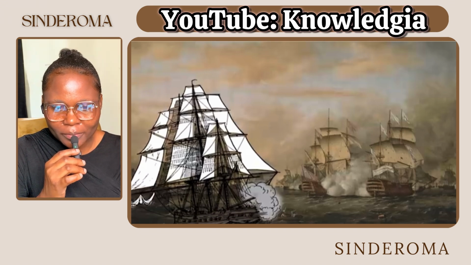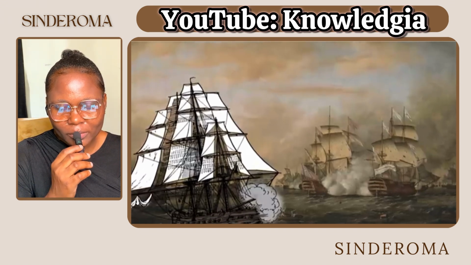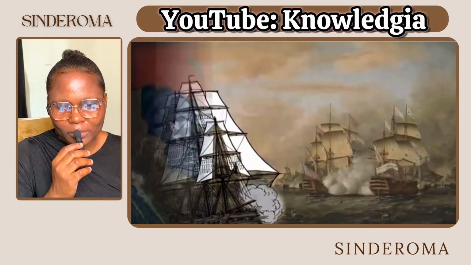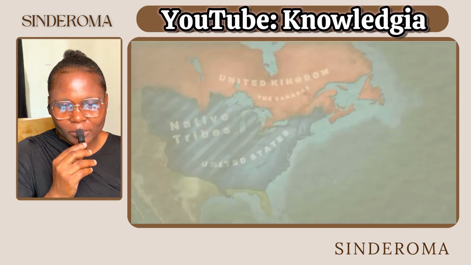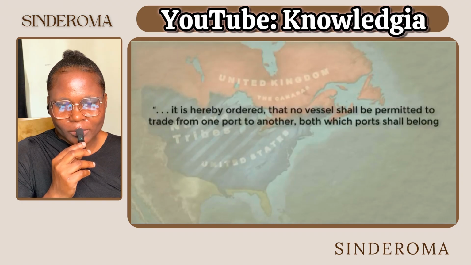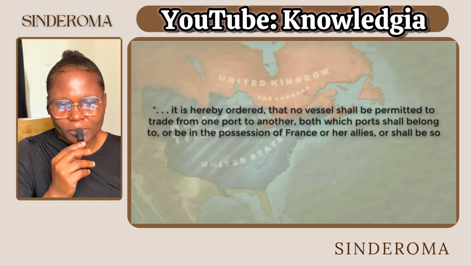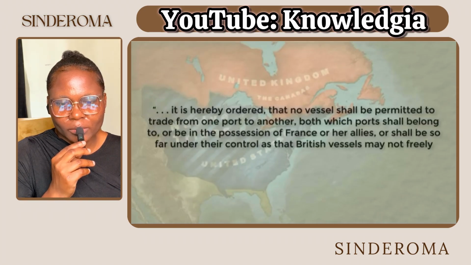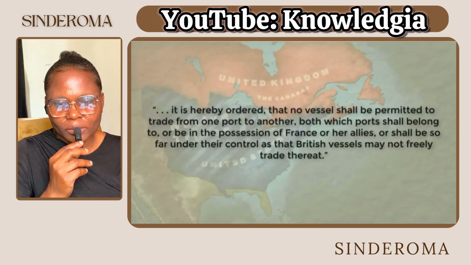January 7th, 1807, Britain issued an order in council stating, "It is hereby ordered that no vessel shall be permitted to trade from one port to another, both which ports shall belong to or be in the possession of France or her allies, or shall be so far under their control as the British vessels may not freely trade."